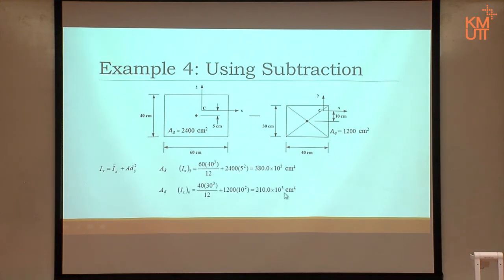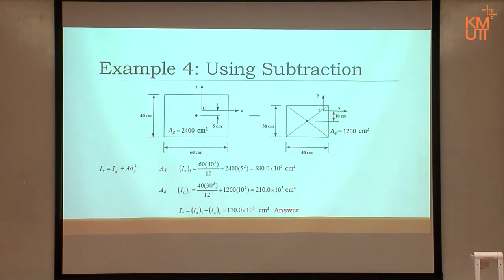For A4, the same idea: BH cubed over 12, area times the distance squared. Okay? Then you get it. Then this time you don't combine them, you subtract them, remember? Then that one minus that one, you have the same answer.